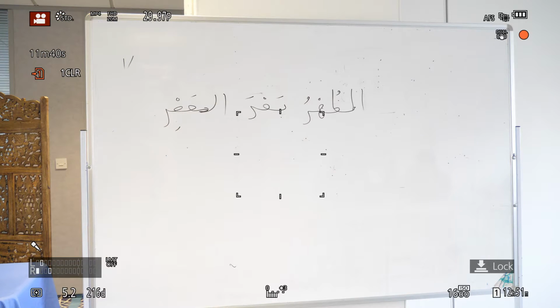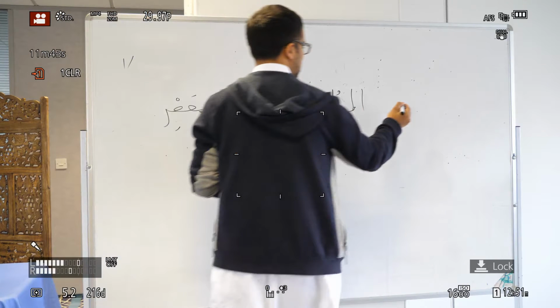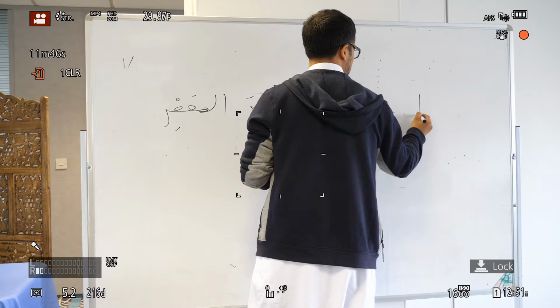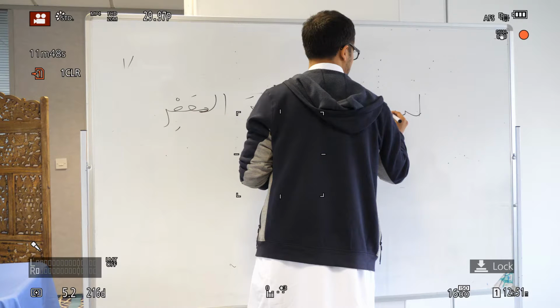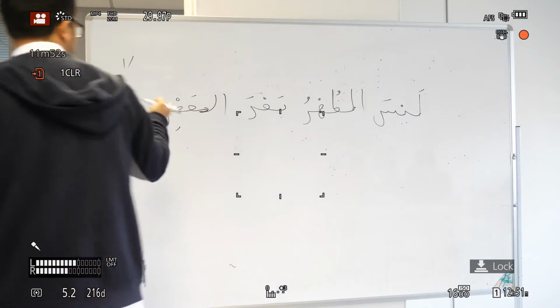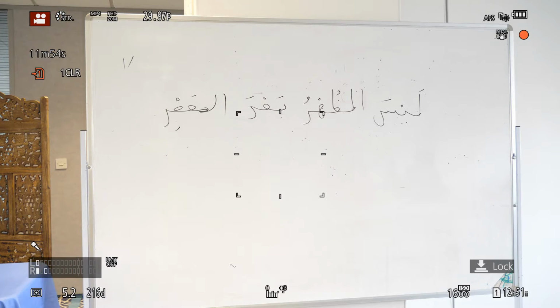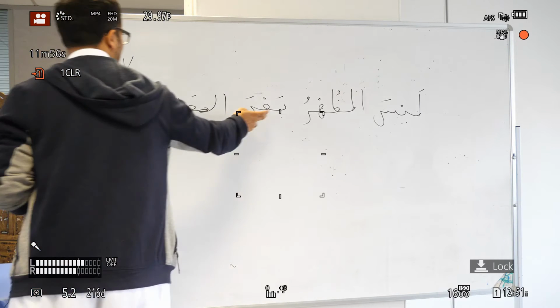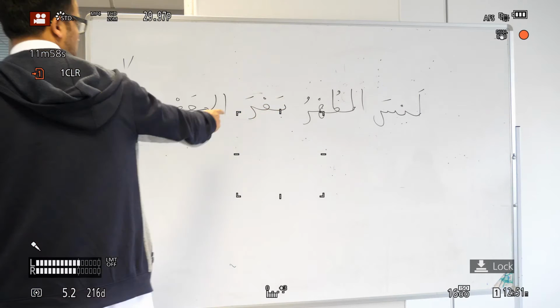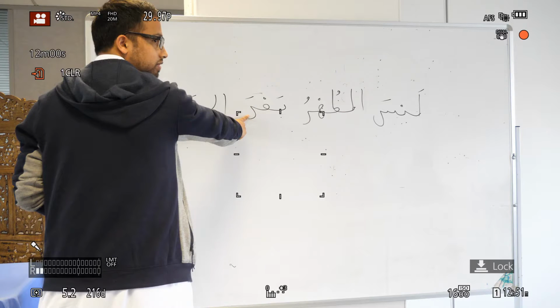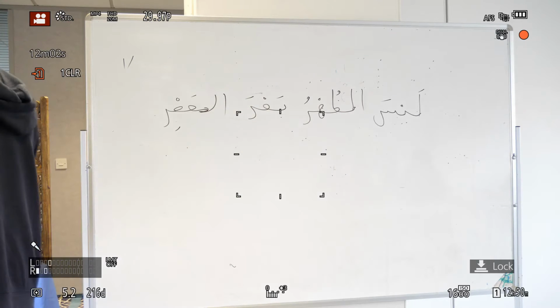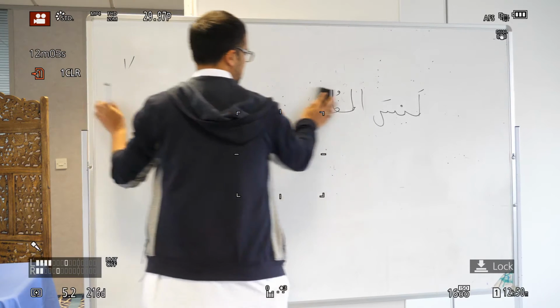Now I want to say the Dhuhr prayer is not after the Asr. How do I say that? You add laysa. You just leave it as it is. Alright, but I'll double check that. I don't think you add a ba here. It's already nasb, right? So you leave it as it is. Okay?